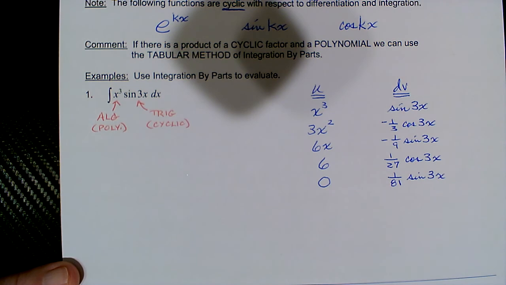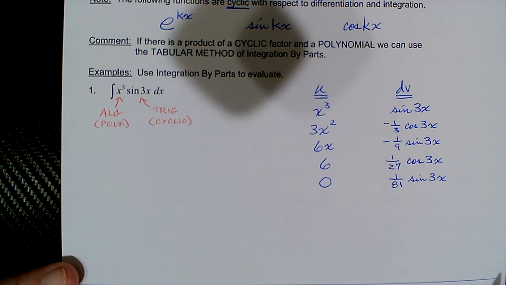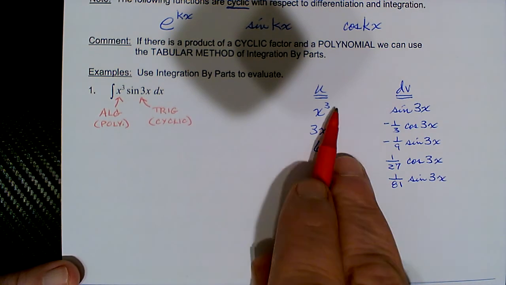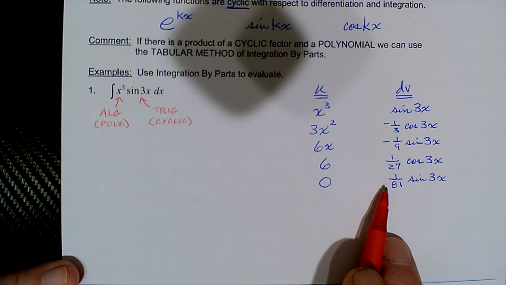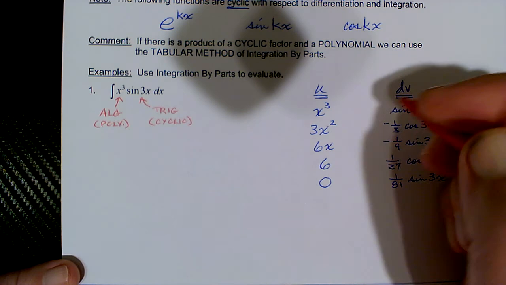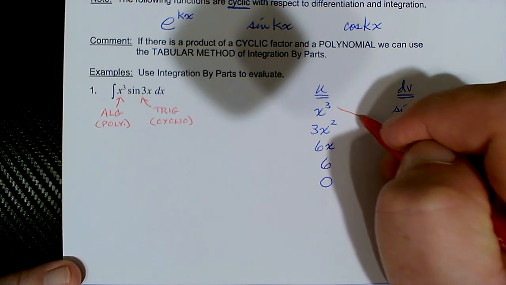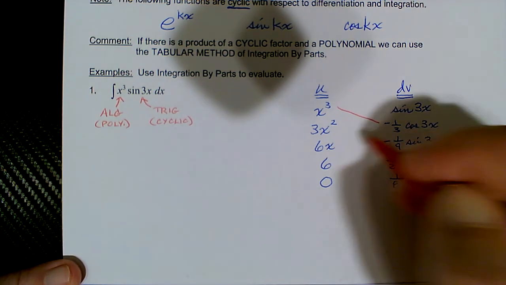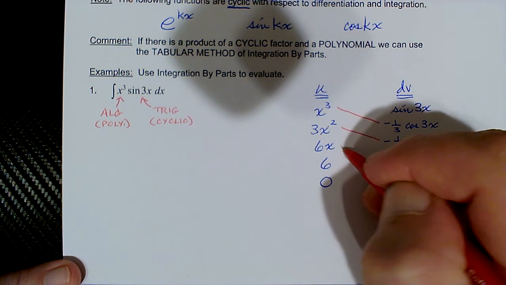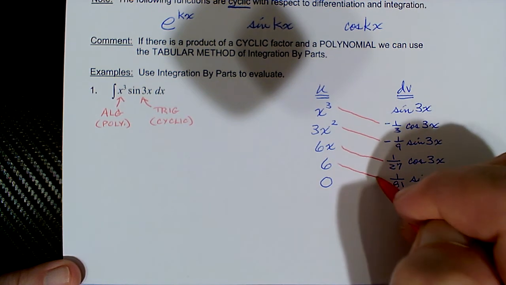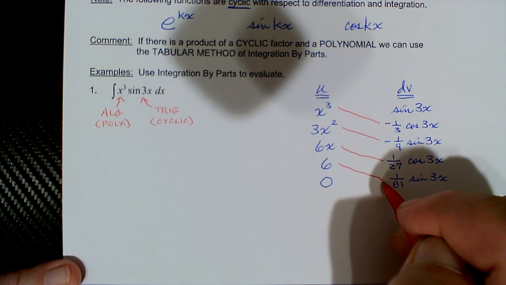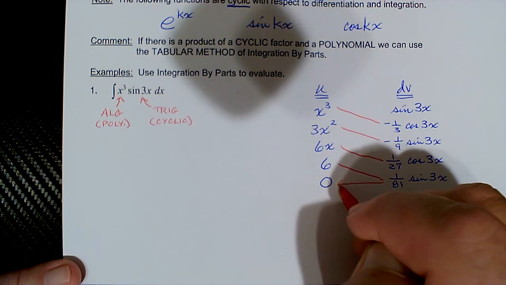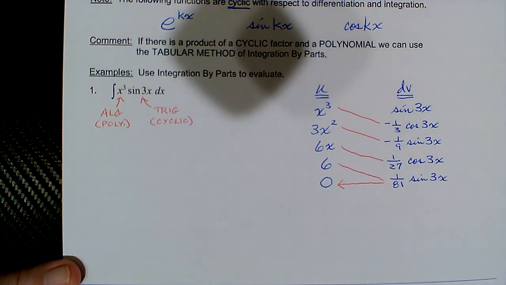And now all of the integration and differentiation, all those multiple applications of the integration by parts formula, have been accomplished within the context of this table. And all we need to do now is take the product of the first entry in the u and the second entry in the dv, and then each subsequent parallel diagonal, and then the product of the horizontal, and we alternate signs.